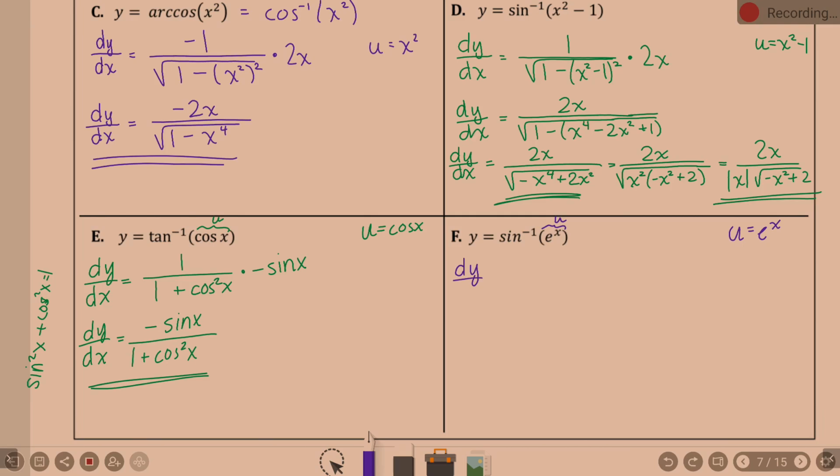The derivative of sine inverse of something is 1 over the square root of 1 minus u squared. So 1 over the square root of 1 minus e to the x quantity squared, times the derivative of e to the x, which is e to the x.